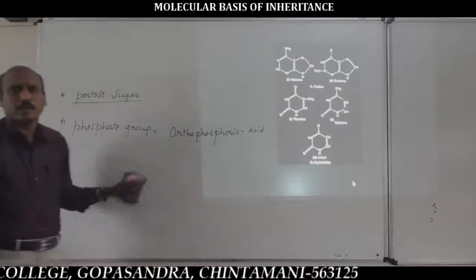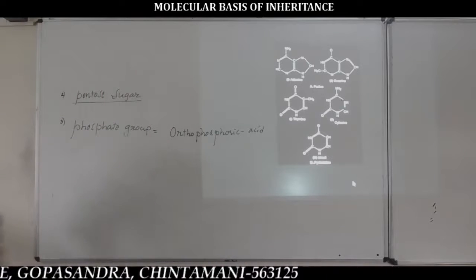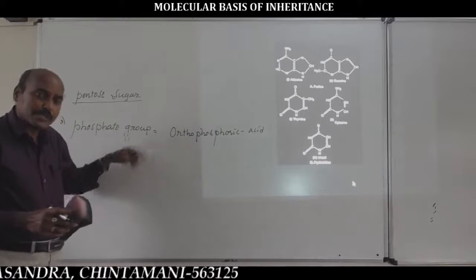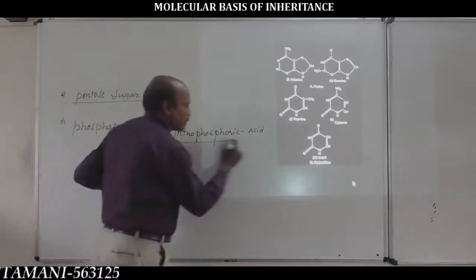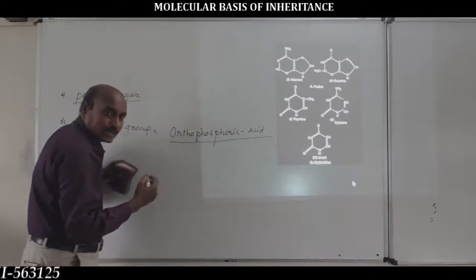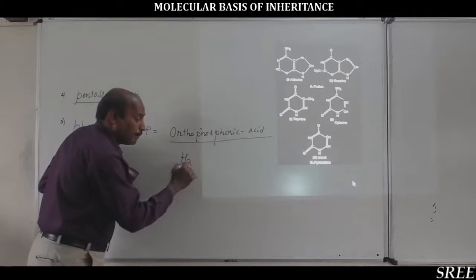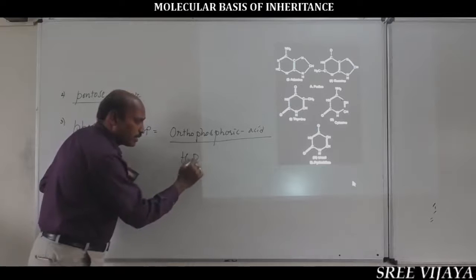So the phosphate group present in DNA or RNA is orthophosphoric acid with the molecular formula H3PO4.